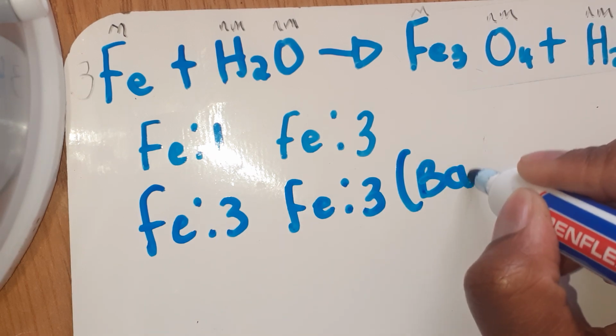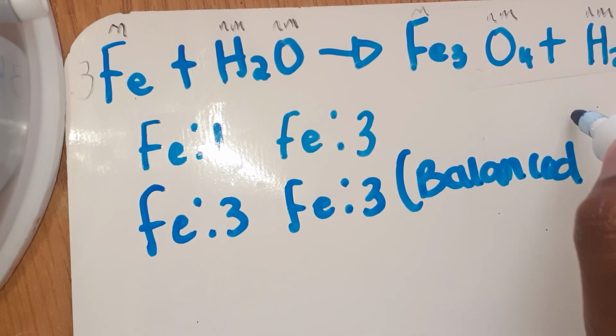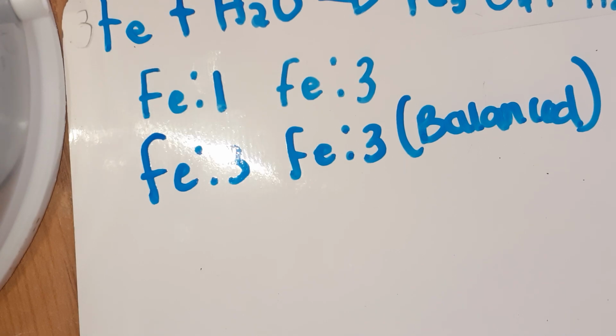So they are balanced. And then step 2 says balance non-metals. We don't have other non-metals except for hydrogen and oxygen. And hydrogen and oxygen, we do not balance them with other non-metals.